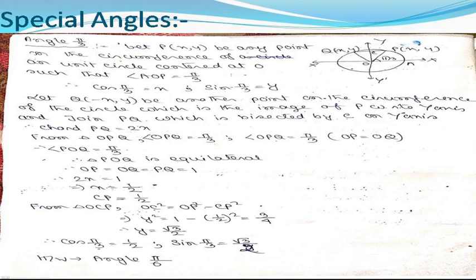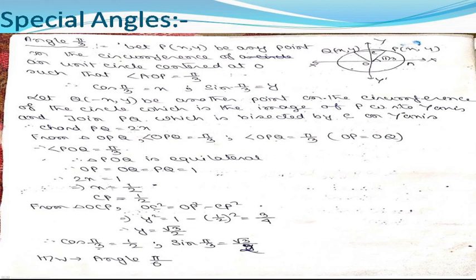Therefore angle AOP is equal to angle OPQ, that is angle OPQ is pi by 3. Since angle OPQ is pi by 3, angle OQP is also pi by 3. Since two angles of a triangle are pi by 3, the third angle will also be pi by 3. That is, all angles are pi by 3, which means 60 degrees.